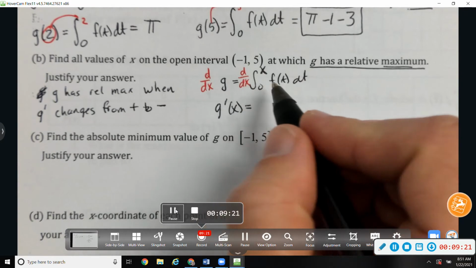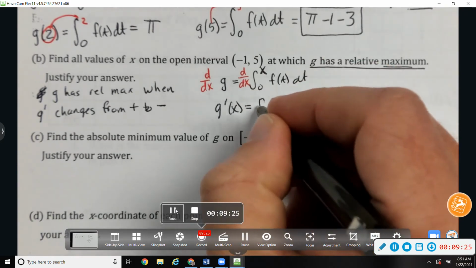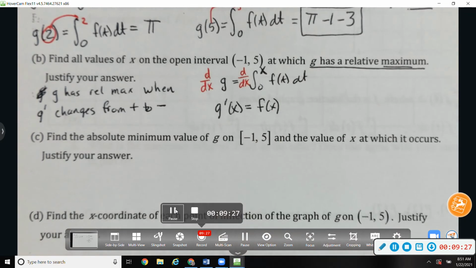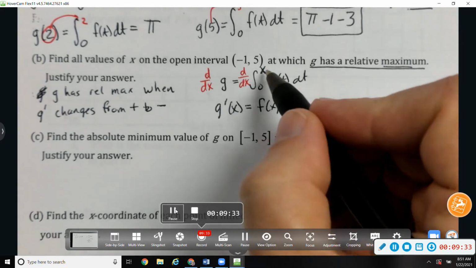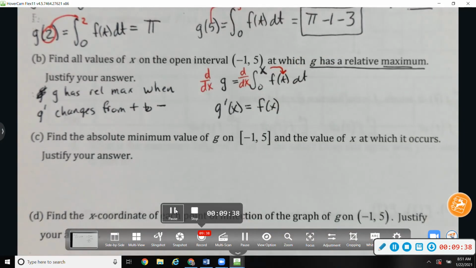Those cancel out is a good way to say it. So I'm left with just f of x, because the derivative of an integral is right back to f. And I didn't have to worry about a chain rule thing. I mean, I guess I should always worry about it, but the derivative of x is just 1.